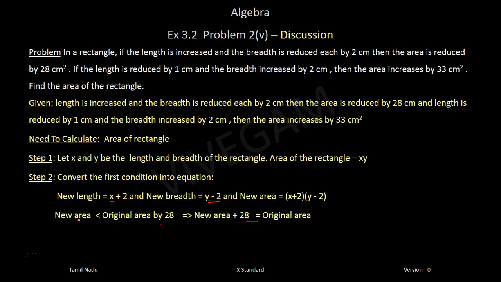Now convert this into an equation. What's the new area? x plus 2 into y minus 2, plus 28. What's the original area? It is xy. So this is equation 1. You simplify it, you will get an equation in x and y. That will be the first equation.